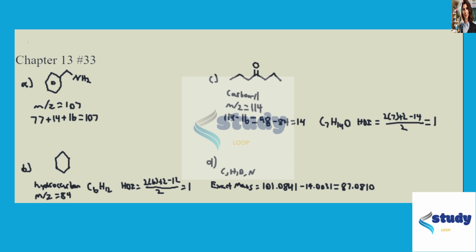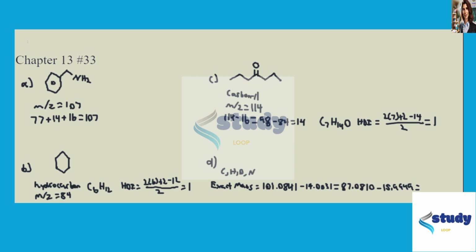Okay, so let's see what else we might have here. So let's assume that we have a single oxygen. So that's going to be worth 15.9949. And give me one moment to actually do the math here.